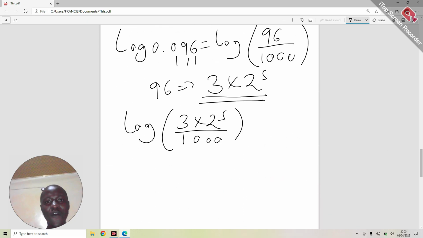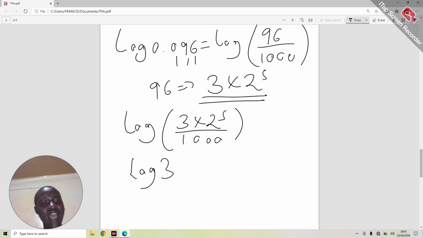We have log of 3 times 2 power 5 all over 1000. Now, how can this be written? This is the same as having log of 3. Now, instead of having times, we have plus.